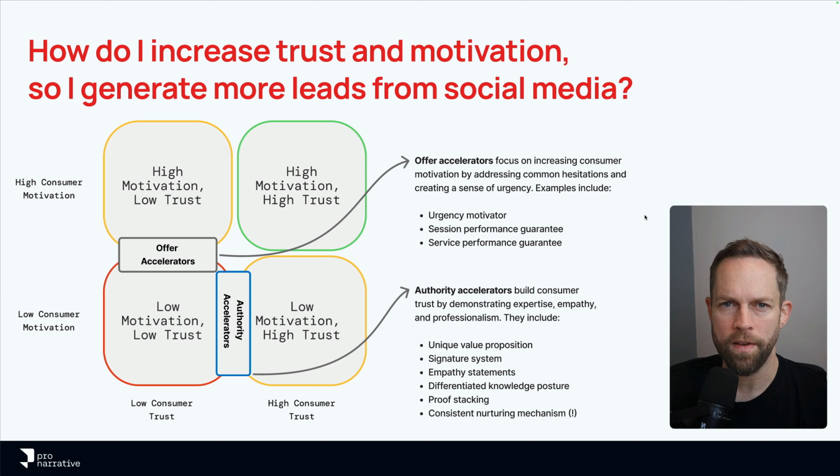Now, there is a caveat to this. With this sort of session performance guarantee, you have got to exclude tire kickers. So you can't just accept anybody who's not qualified to apply for a loan. And you've also got to deliver a really impactful session with lots of good strategies. We won't talk about that too much now, but when done well, this really nails it.